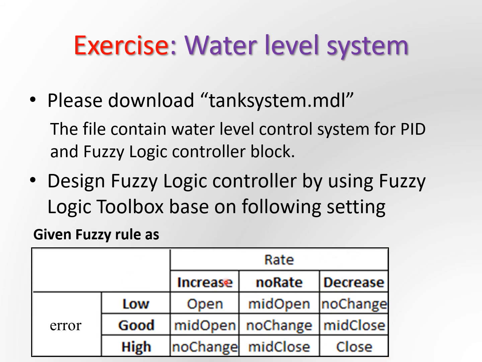In this case we have the linguistic variables for error and rate, and the values such as increase, no rate, decrease, low, good, high for the inputs, and the output as open, mid, close, and so on. So it depends on how you define the linguistic variables and their values, in terms of fuzzy values.